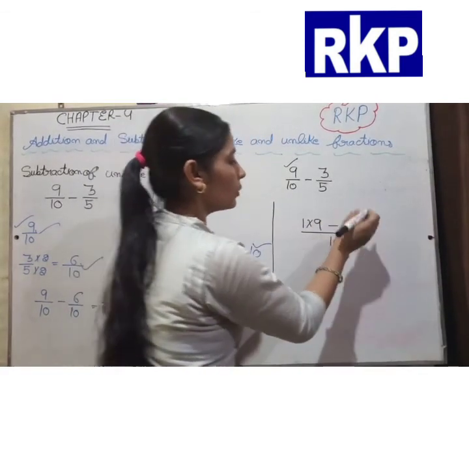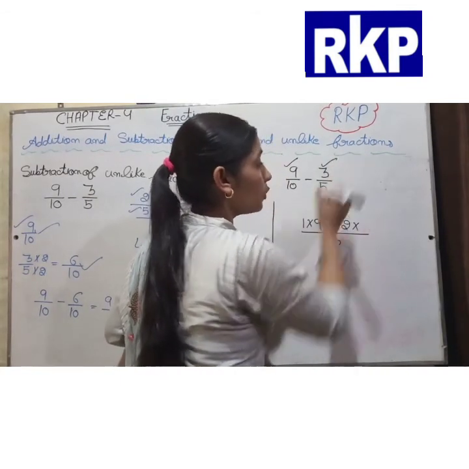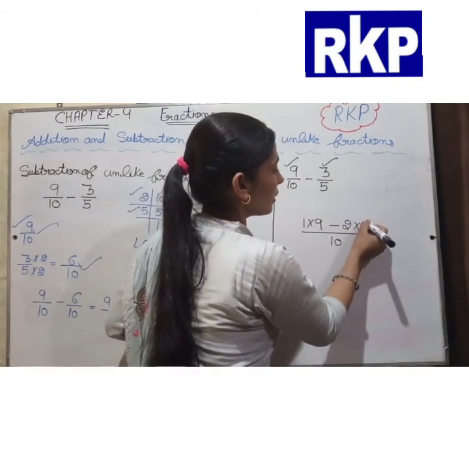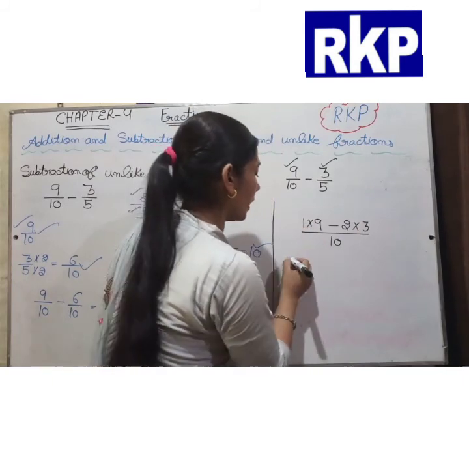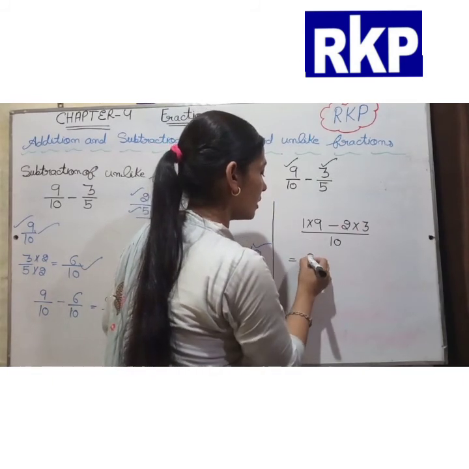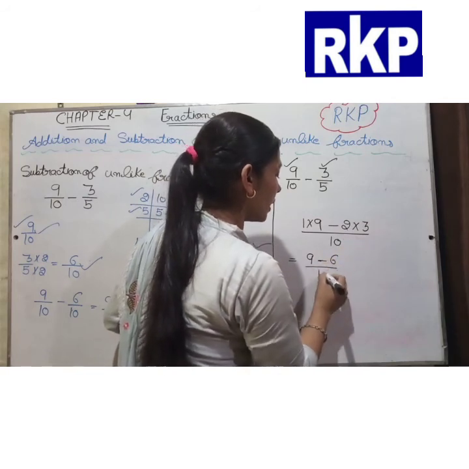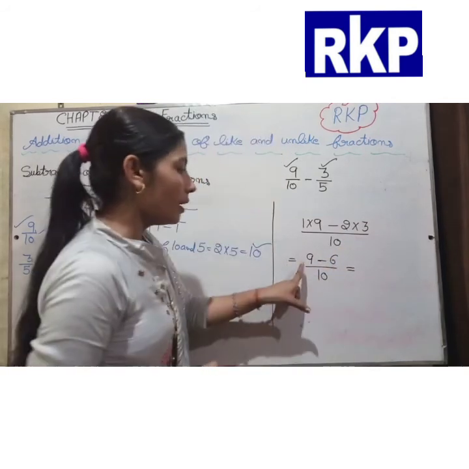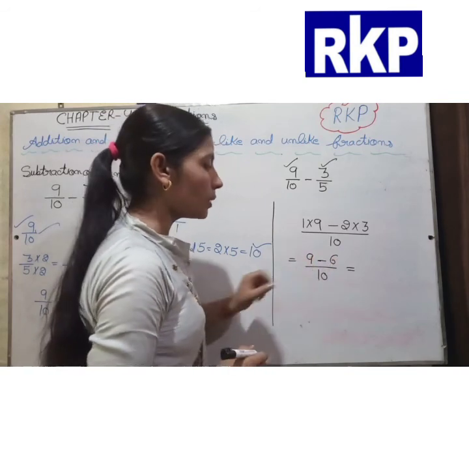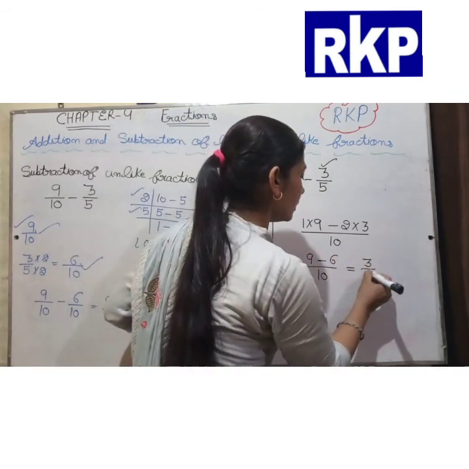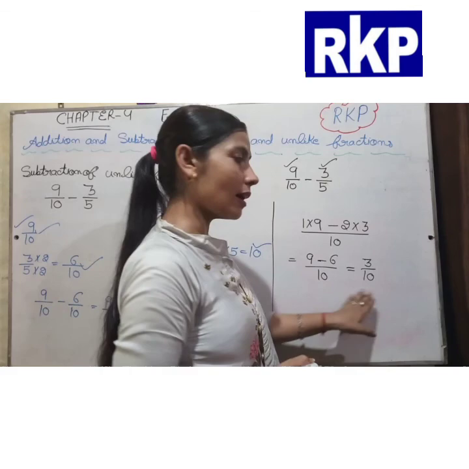So write 2 here and multiply by the numerator, which is 3. Now 9 1s are 9 minus 2 3s are 6, by 10. When we subtract 6 from 9 we get 3, and 3 by 10 is the answer.